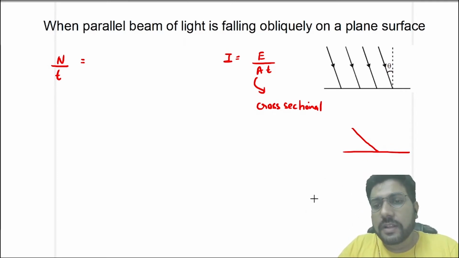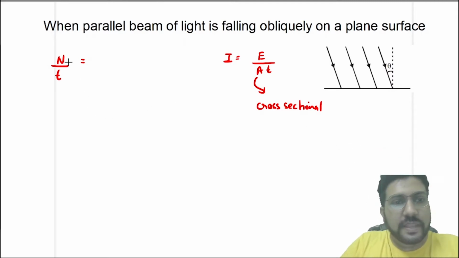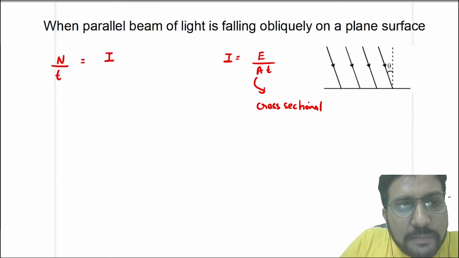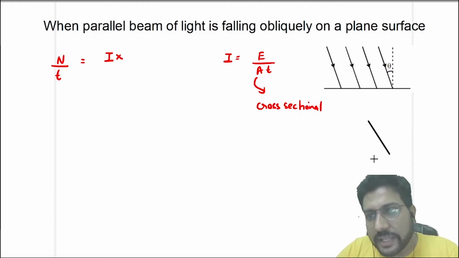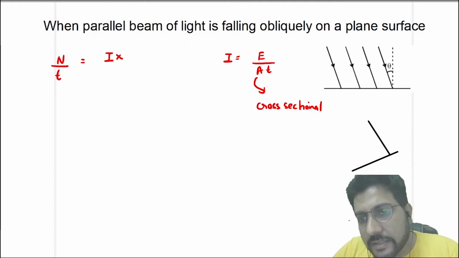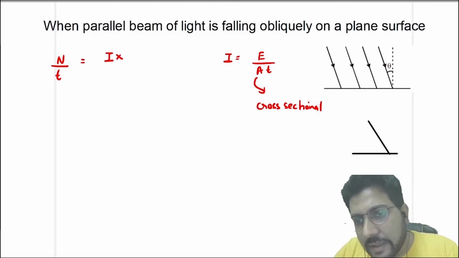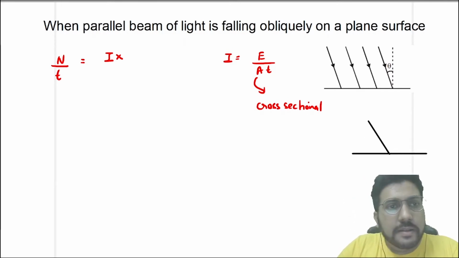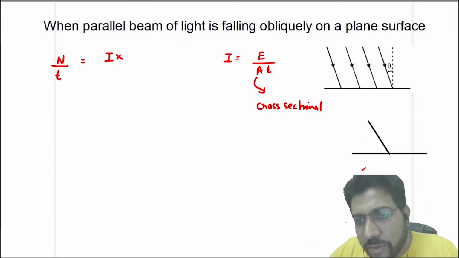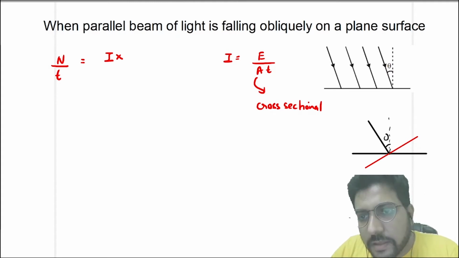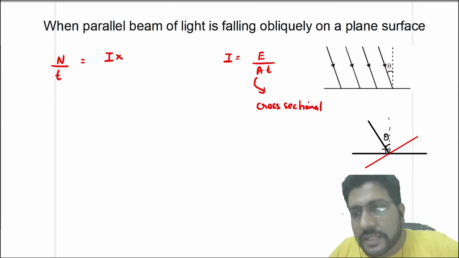Understood? Okay, so N by t will be equal to I multiplied by, listen carefully now, this is the light falling and this is the area, but we need the component of area which is perpendicular to the light beam. Now if this angle is theta, this is 90 minus theta, this angle is also theta, right?